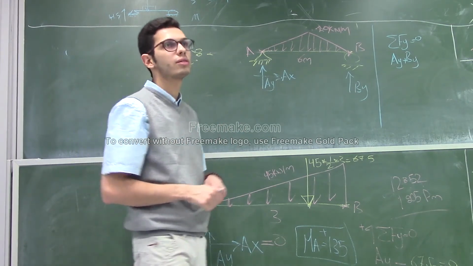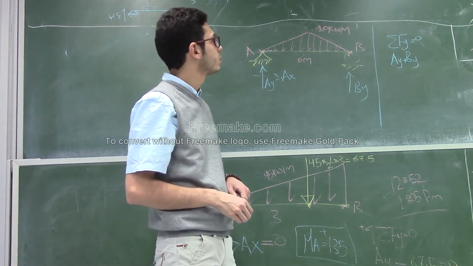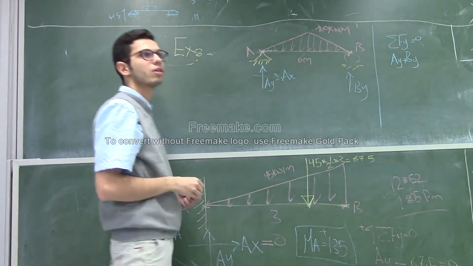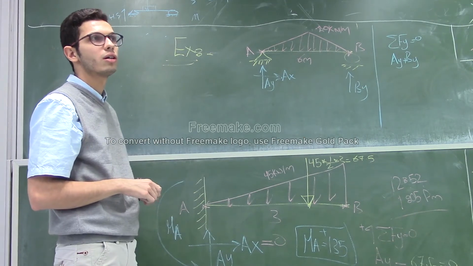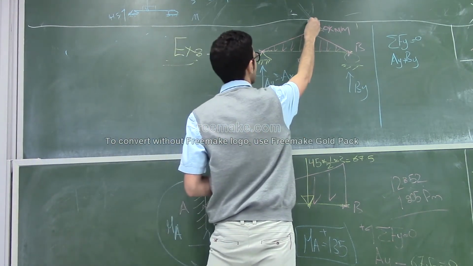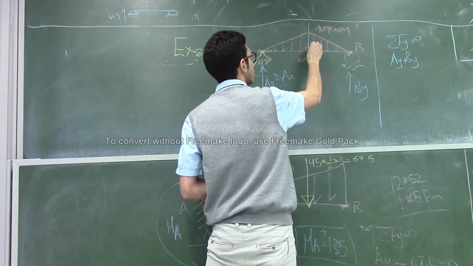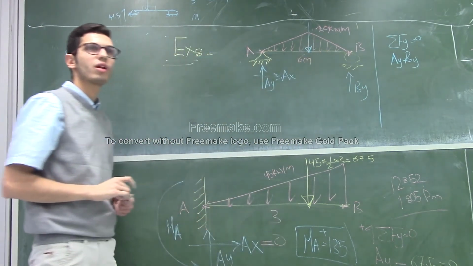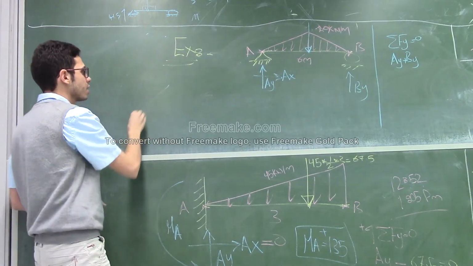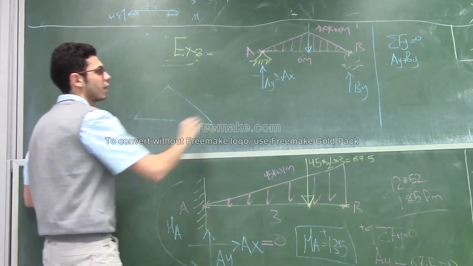So what is the equivalent point load for this one? Where is the location, first of all? In the middle, yes. The equivalent load is in the middle because this is a symmetrical shape.